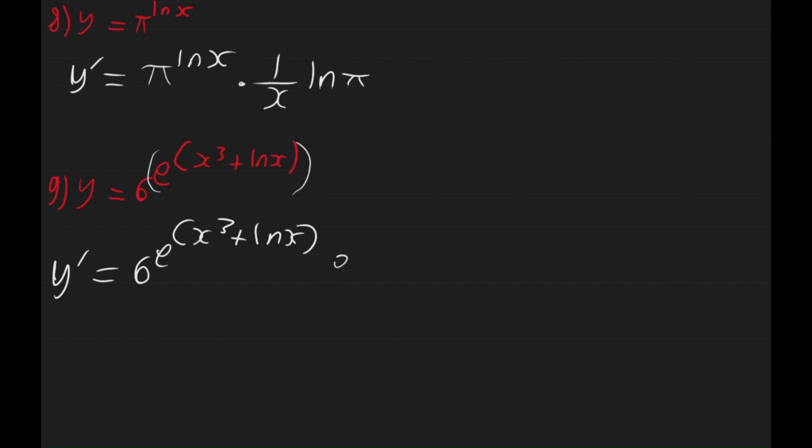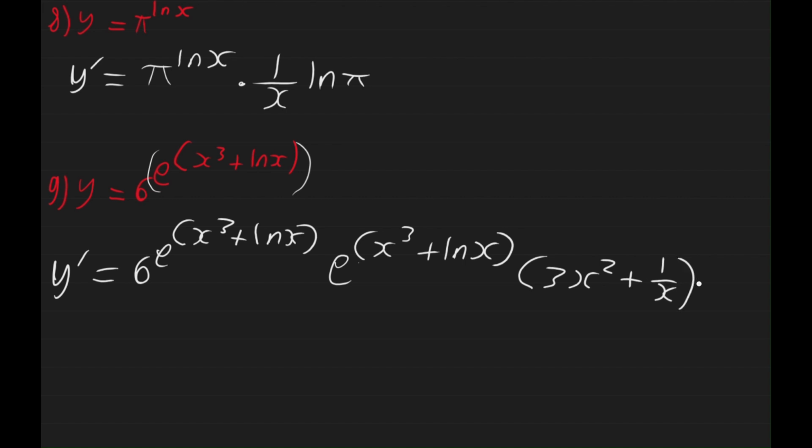The derivative of e power x power 3 plus ln x: you put it as it is, multiplied by the derivative of its power, which is 3x power 2 plus 1 over x. ln e, you don't write it, and don't forget ln 6.